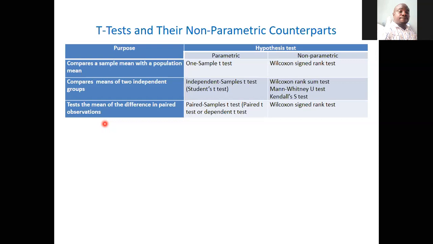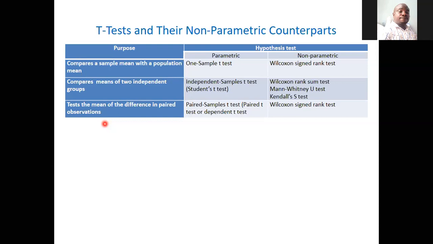So you can see, one sample deals with the one sample t-test or one sample Wilcoxon signed rank test, dealing with one sample and comparing with a population. Two sample deals with two samples you are comparing. Paired t-test is one sample, but you carry out your observation in two phases, you took two measurements.